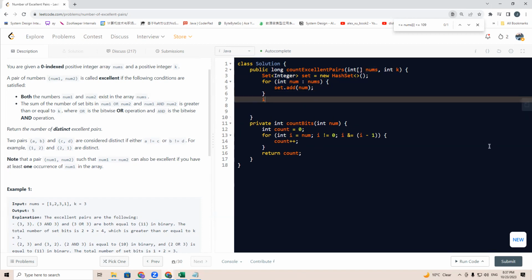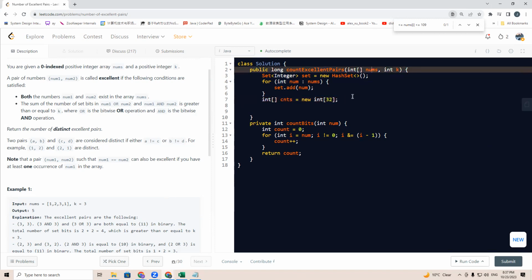So we can use an array called counts with new int of 32.